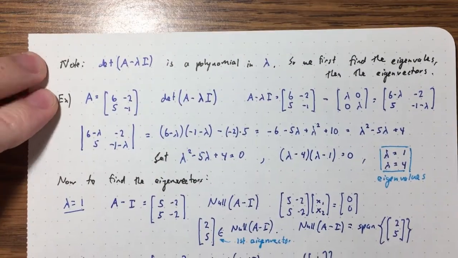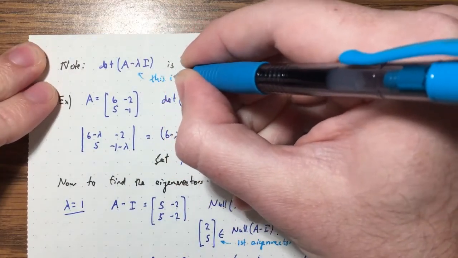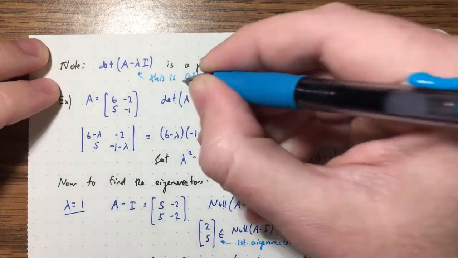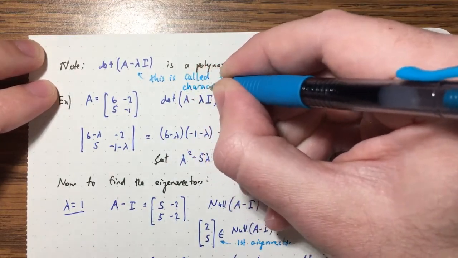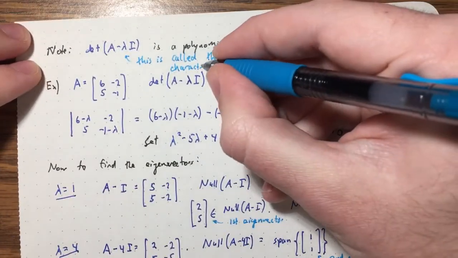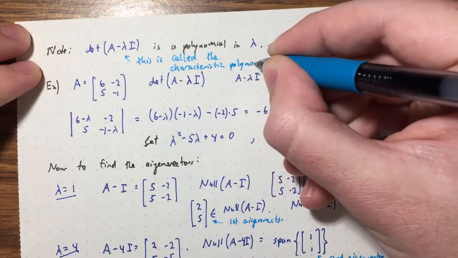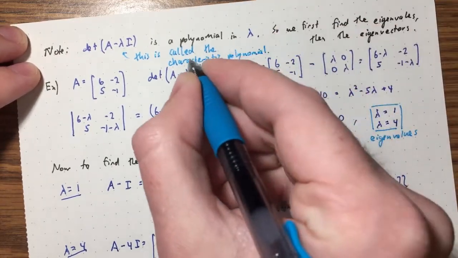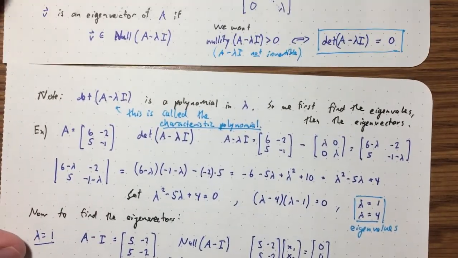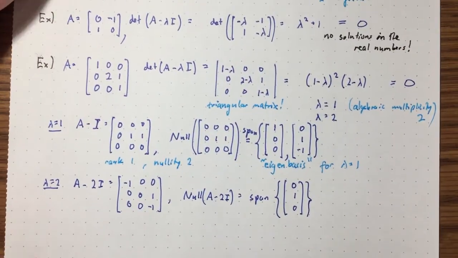So going back up here, this is called the characteristic polynomial. It's because it's so important. When you take the determinant of A minus lambda I, it's a characteristic polynomial. And you set it equal to 0 and you find the roots.